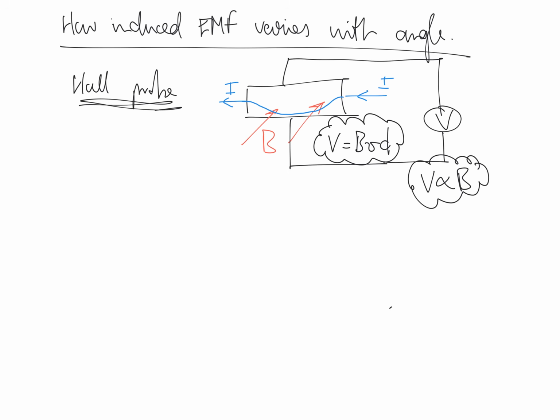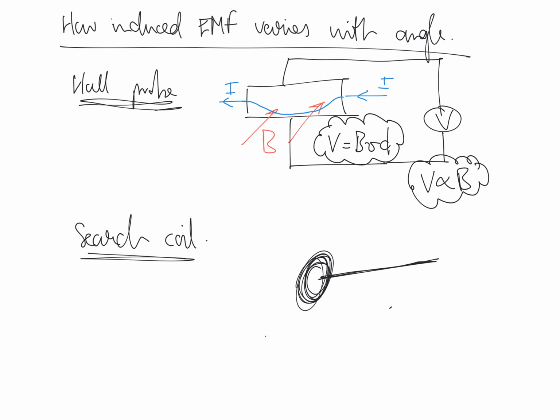And the other device we're going to use is a search coil. Now, a search coil is merely a series of coiled wires, usually on some sort of stick, and when a changing magnetic field is felt by it, it will induce a voltage, an alternating voltage.